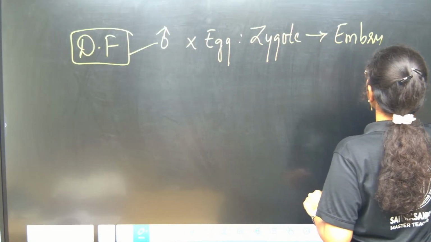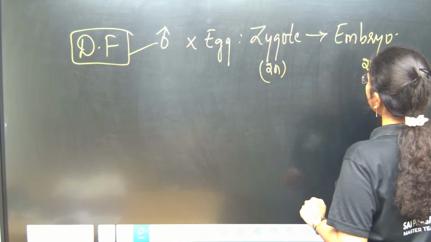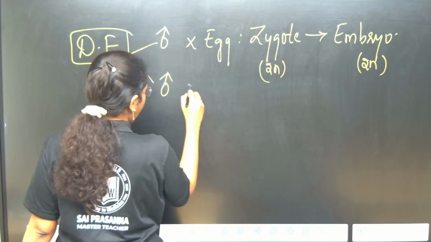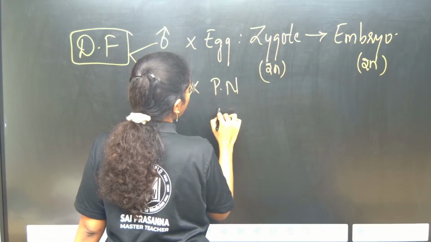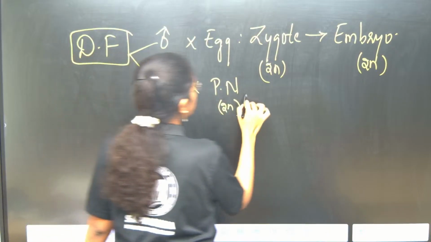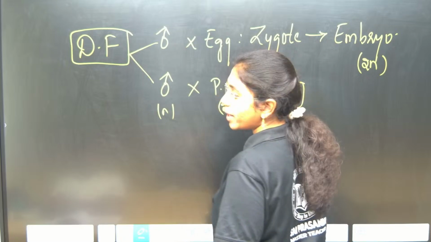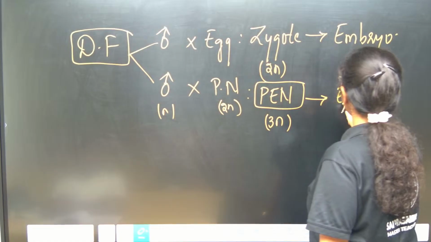What is the ploidy of zygote? Diploid. What is the ploidy of embryo? Diploid. Next, one more male gamete will fuse with the secondary nucleus or polar nuclei, which is n+n condition, or diploid, and this is haploid. This forms the primary endospermic nucleus, whose ploidy is 3N, triploid. This matures to endosperm.